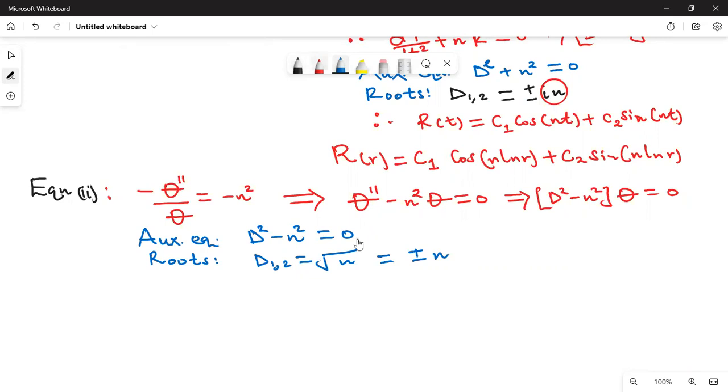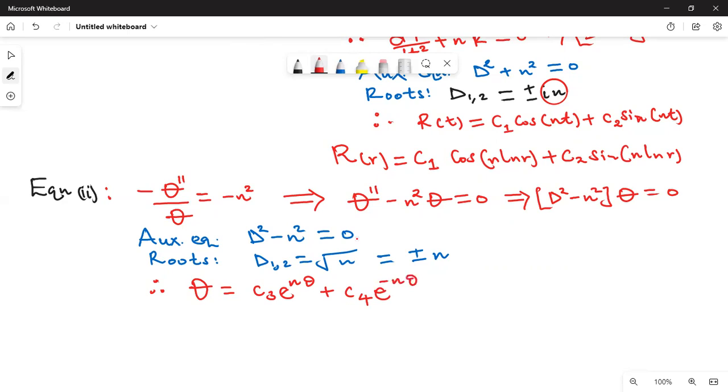So how do we write our general solution corresponding to theta? In this case here, theta, which is a function of theta, is now equal to C3 exponential n theta plus C4 exponential negative n theta.